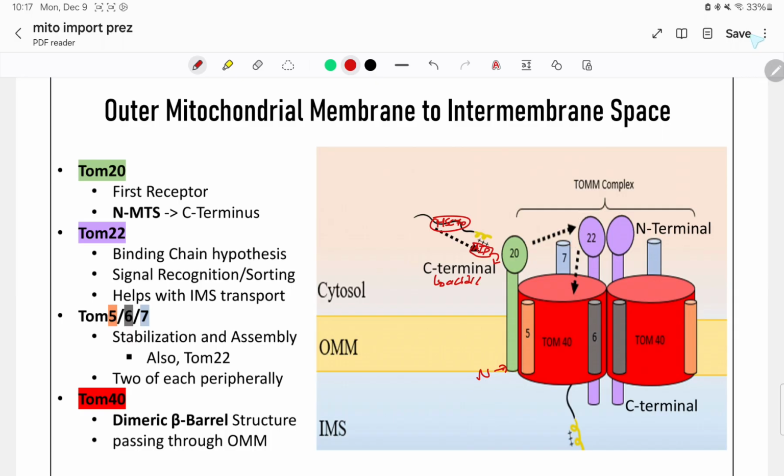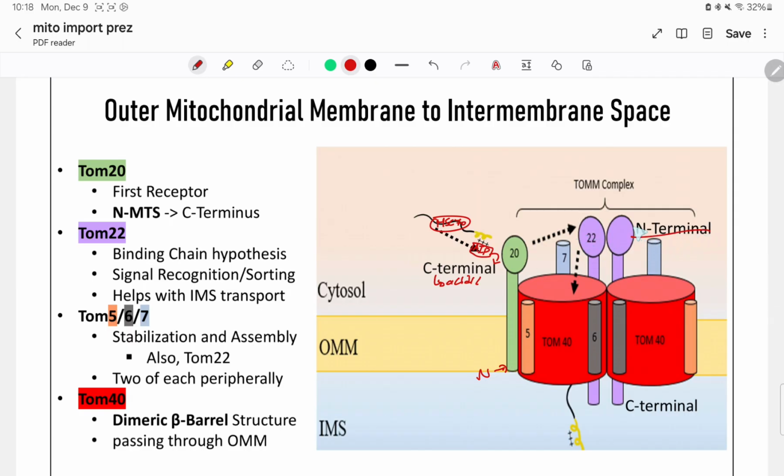So how does this actually happen? Well, like I said, this hydrophobic portion of the NMTS alongside this AIP bind to the C-terminus of TOM20, and then this precursor protein is going to attach towards the N-terminus of TOM22.